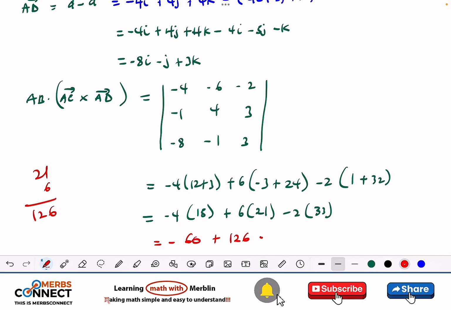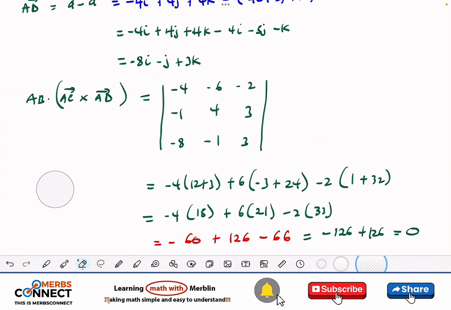And then this is minus 2 times 33, which is 66. Indeed, this is going to be 0. Yes, because this is the same as minus 126 plus 126. And this one gives us 0. Good. So this one was indeed right.